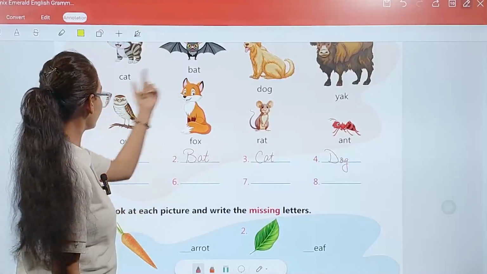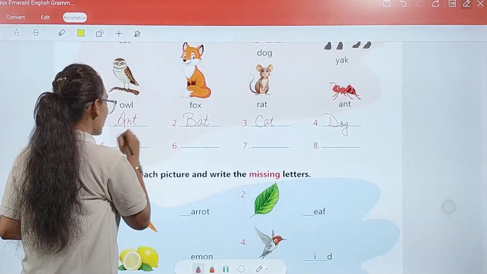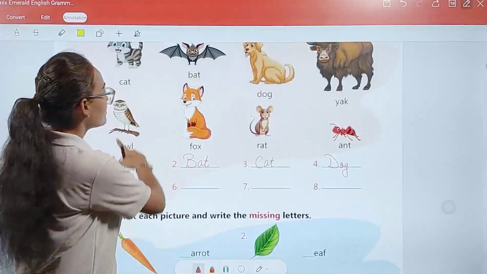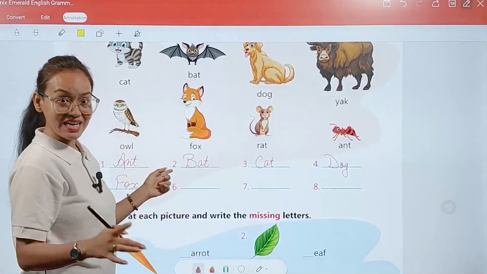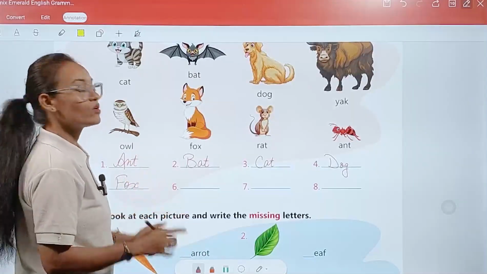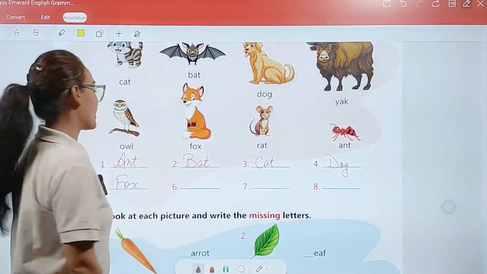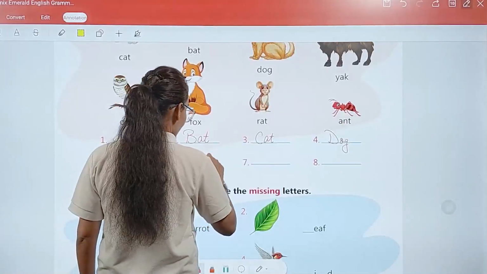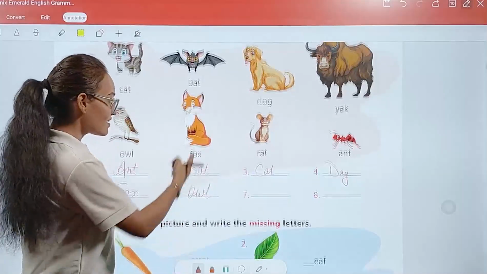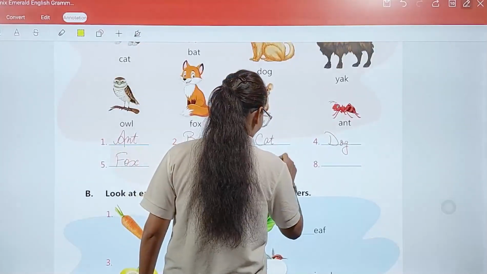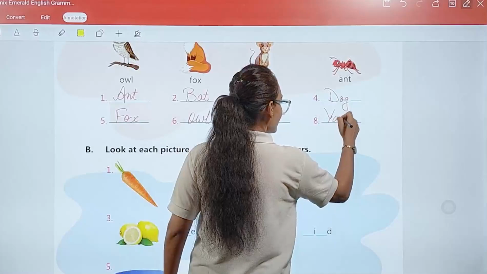No. Then F. Yes, fox. So here you are going to write fox. Now E, F, G. No one? G, H, I, no. J, no. K, no. L, M, N, no. O, yes, we have owl. P, no. Q, no. R, yes. And last, Y. So here we are going to write yak.